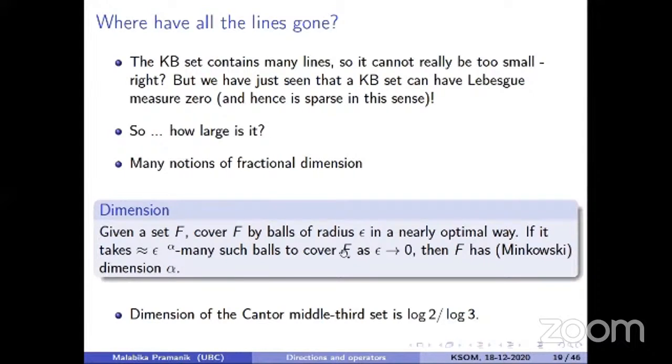If it takes roughly epsilon to the minus alpha many epsilon balls to cover F as epsilon goes to 0, then we say that F has Minkowski dimension alpha. And it's an easy check to find out that according to this definition, the dimension of the Cantor middle third set is log 2 over log 3.